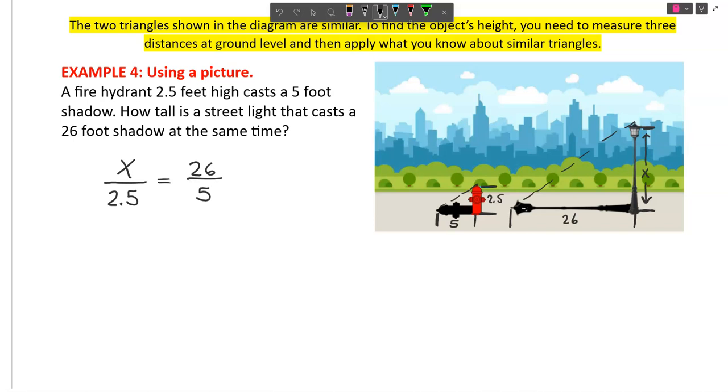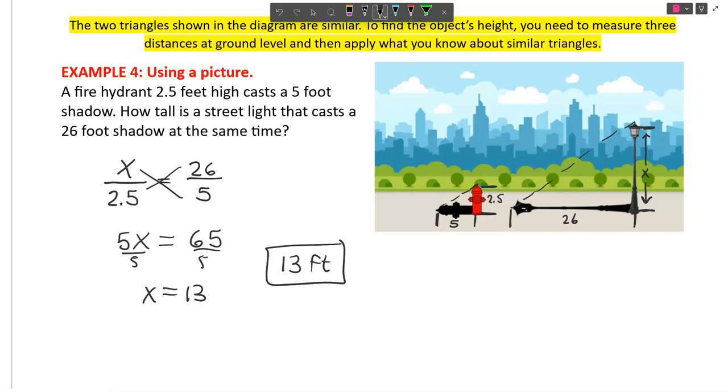And so from this information, once a proportion is set up, we can use cross multiplication to help us solve. So this is going to be 5x, and 2.5 times 26 is 65. Divide both sides by 5, and then we're going to get our missing height of the light post, which is going to be 13 feet. So 13 feet is what we're looking for in this first problem.